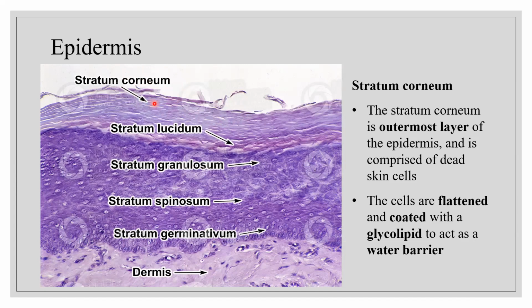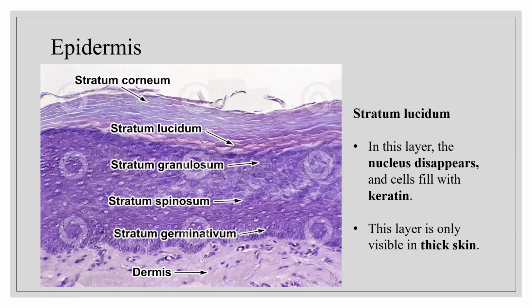The cells are flattened and coated with glycolipid to act as a water barrier, so that your body won't lose water easily. So that we don't get dehydrated easily because of the presence of this corneum. It's one of the factors.